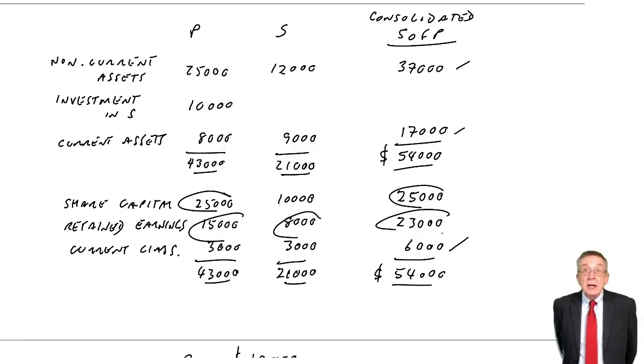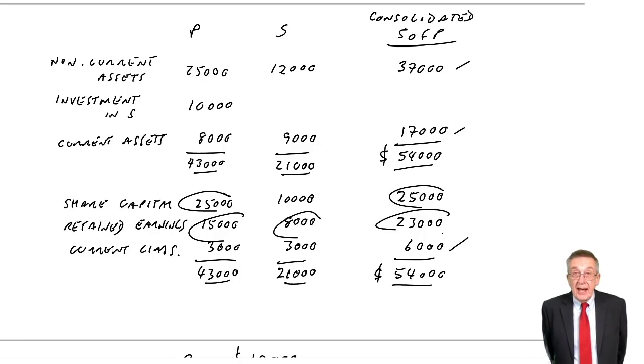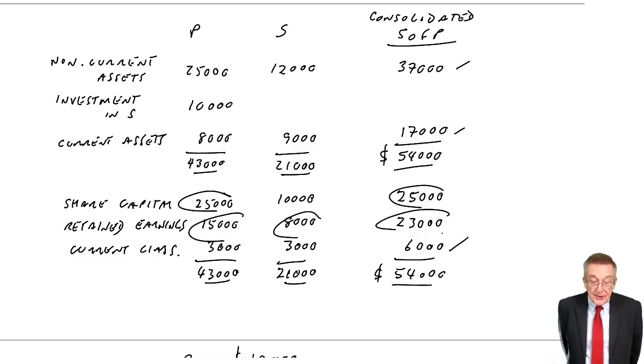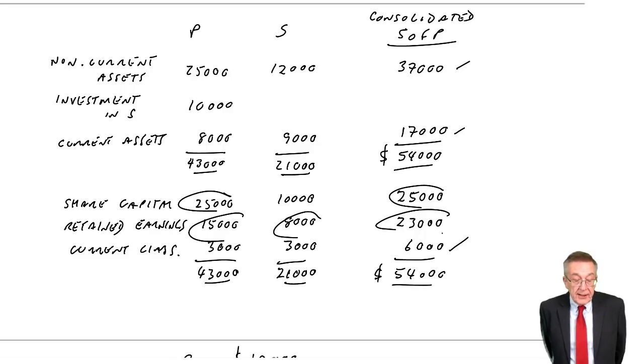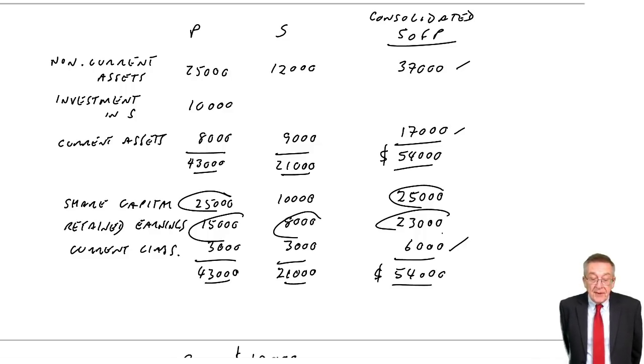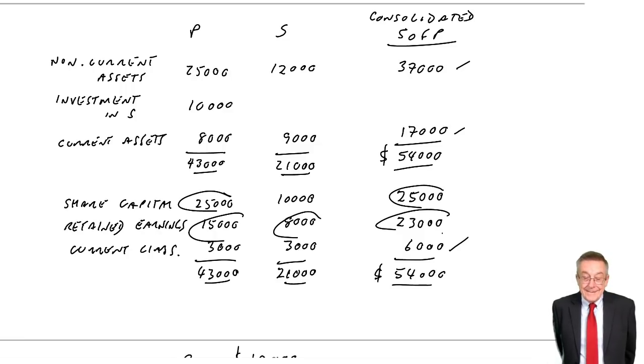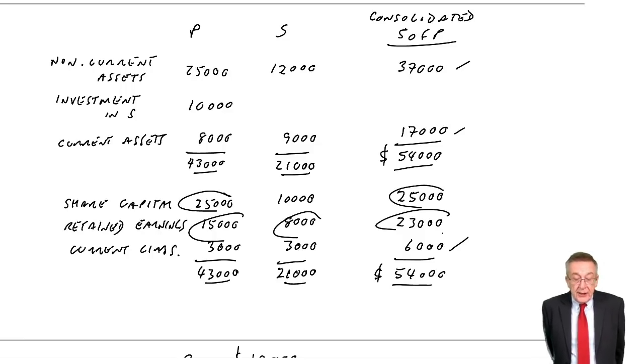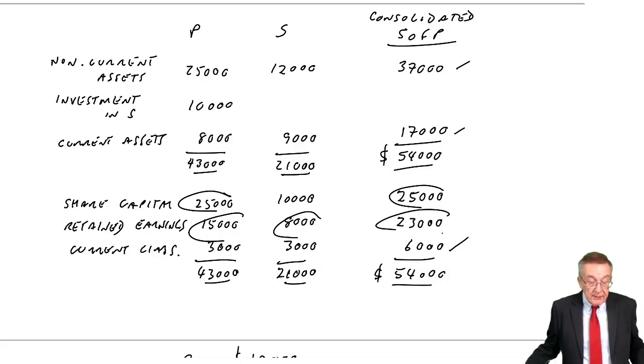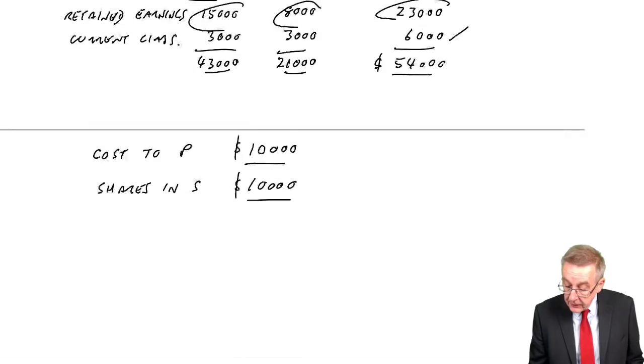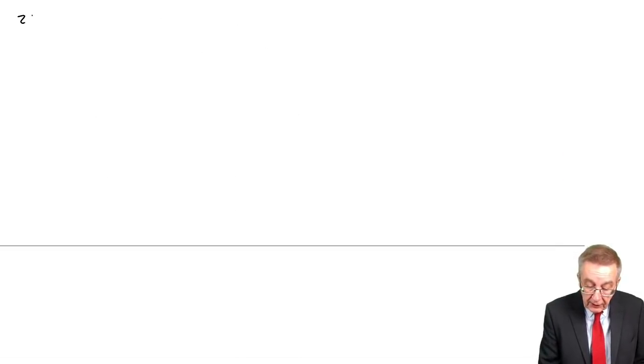However, look at example 2 on the next page. P again acquired 100% of the share capital of S, so P owns all of S, on the 1st of January 2006 for 28,000, at which date the retained earnings of S amounted to 8,000. Example 2 we're on.